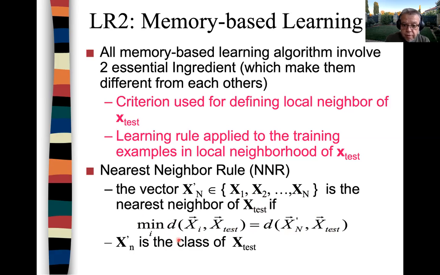If you find that Xi equals X prime N, then you say that it is the nearest neighbor. So you say that the class of X prime N is the class of X test.